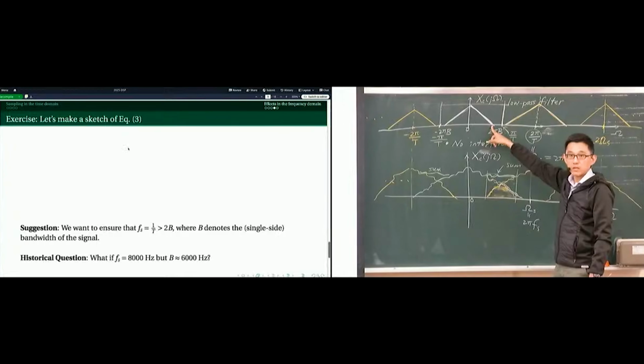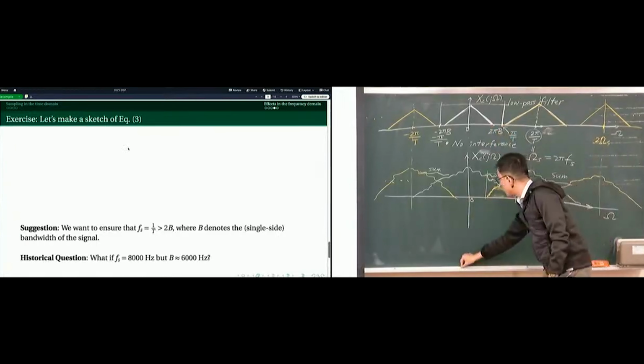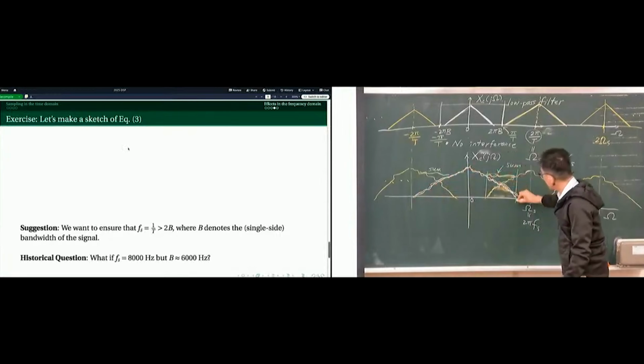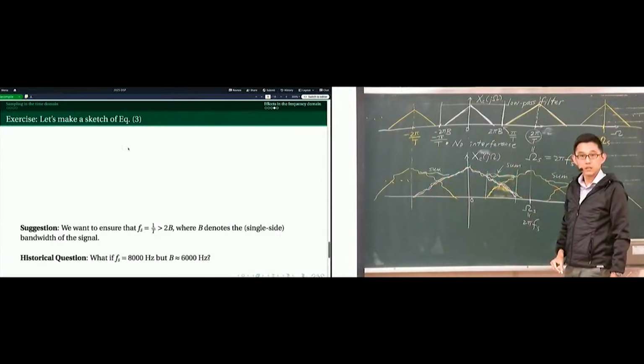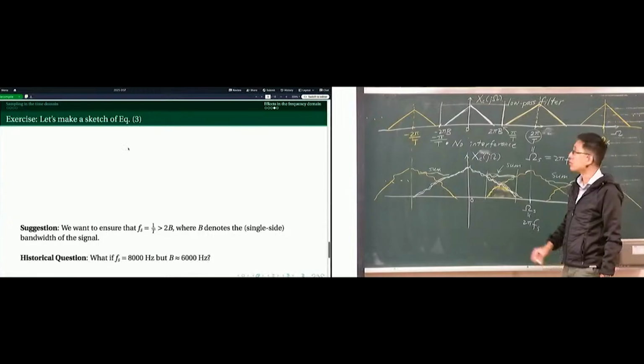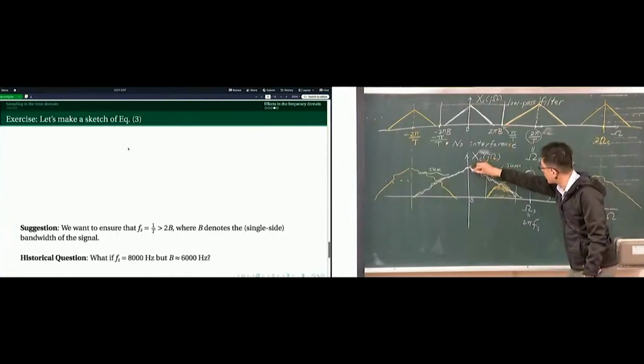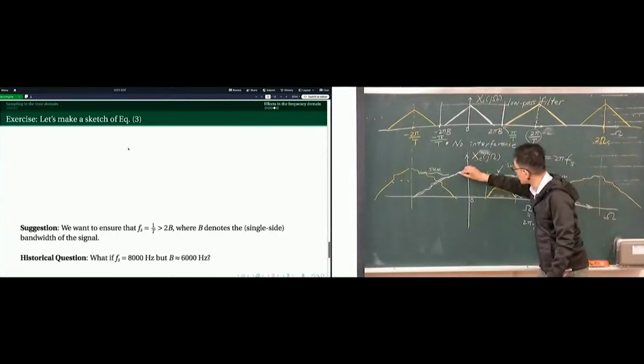Can we use the same filter and retrieve this original spectrum, which looks like this shape? We cannot. Do you see what I mean? Yeah, we cannot use this low-pass filter. However ideal it is, apply a filter, you don't get back the original spectrum.